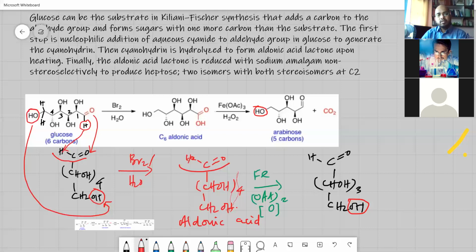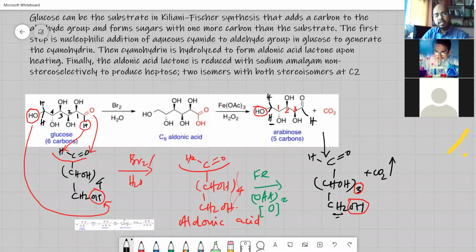Then you have 1, 2, 3. Right? Here you will have an H and H, and the CH2OH. Then you will have one more H here, and CO2 is formed as a gas.